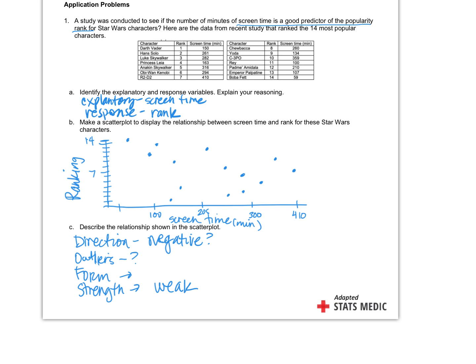Now, is it perfect? No, but that's covered by the weak adjective. I would call it linear, but it's weakly linear. It's very weak.